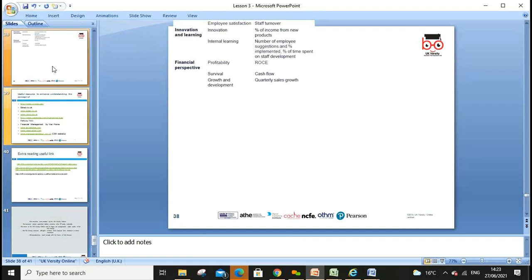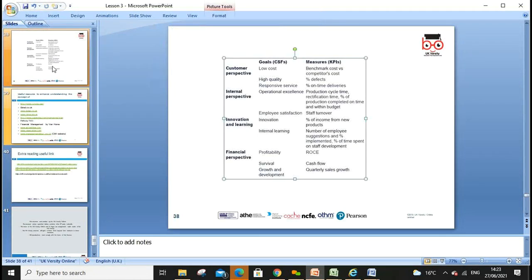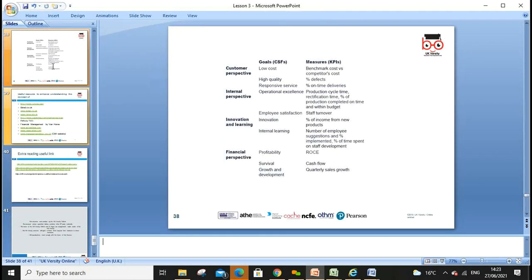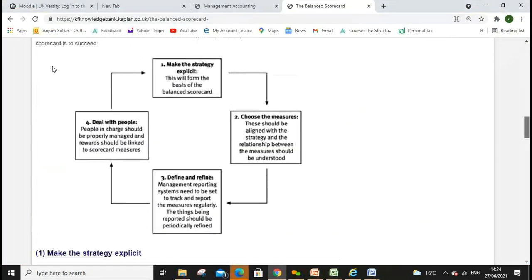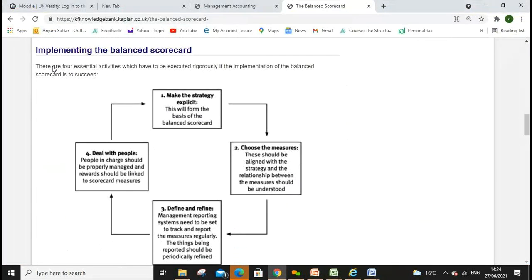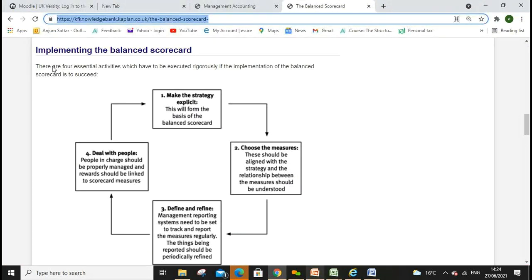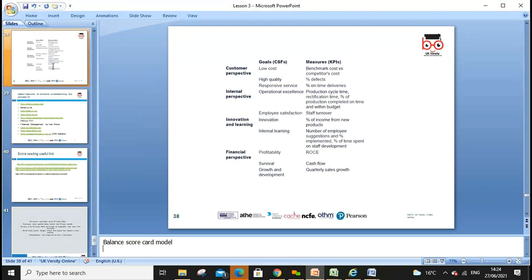These are the different models we can use, and some of them we already learned before. This is the balanced scorecard model, where we can look at all the different perspectives and make decisions accordingly.